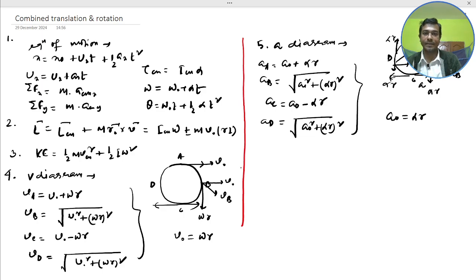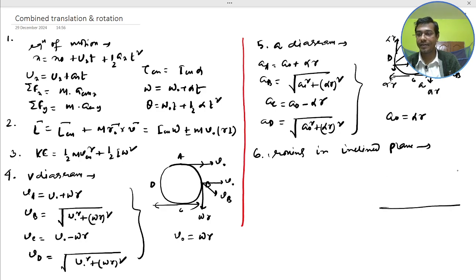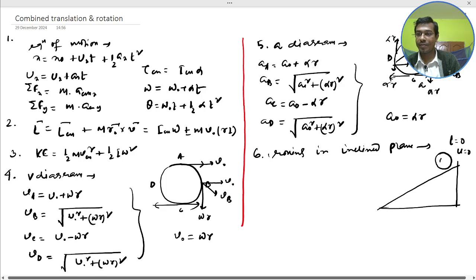Next one, very important, rolling on an inclined plane. This is a plane, rolling a body. Here this is time t, velocity u0, mass m, I the moment of inertia.